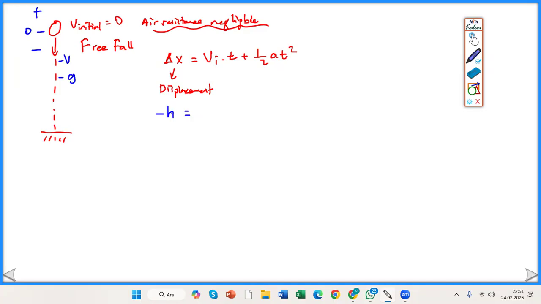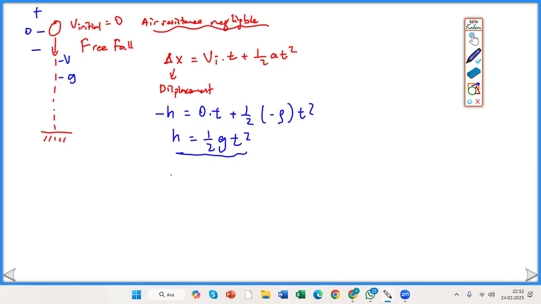So here, because initial speed is zero, h is 0 times t plus 1 over 2 times minus g times t square. As you can see, the height of the motion depends on 1 over 2 times g times t square. This is one formula we can use for free fall.